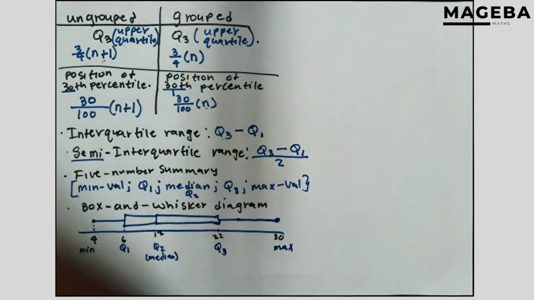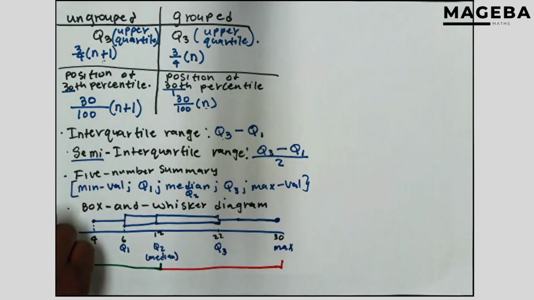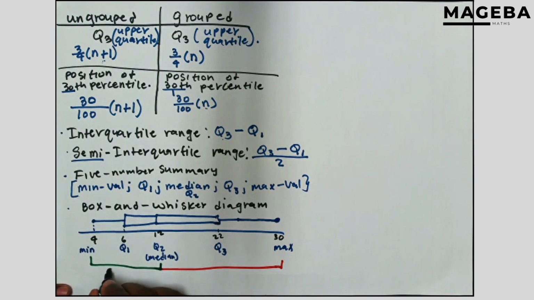Something very important here, I hope you can notice it. From the minimum to the median, and also from the median to the maximum, I hope you see the difference in the length of this one and also this one.